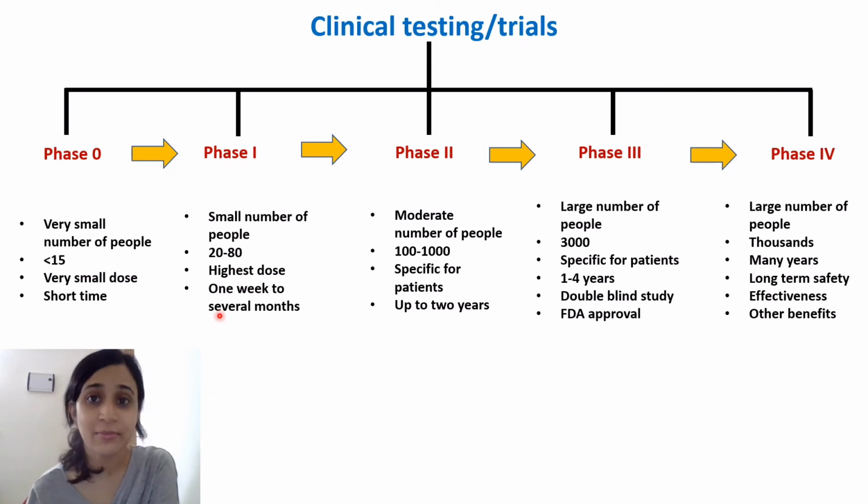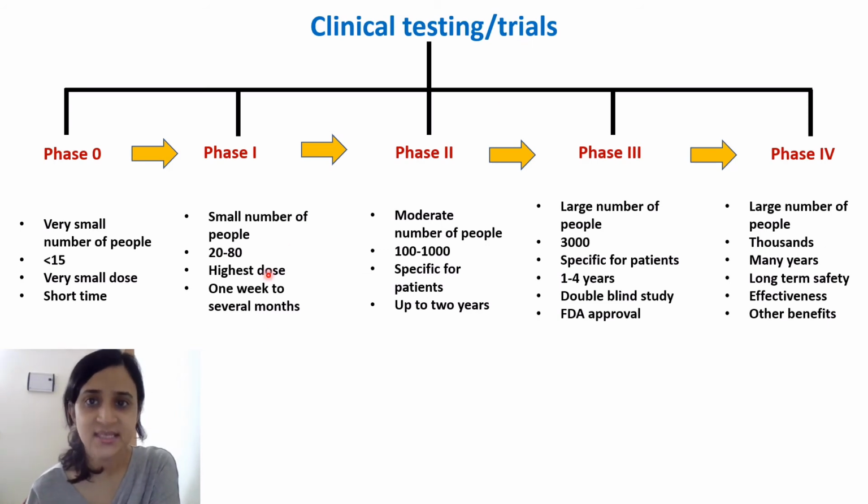These people will be very closely monitored to see how their bodies react to the medication during this phase. In this phase, we will also determine the best way to administer the vaccine, such as orally, intravenously, or topically. Here we will check whether these persons are experiencing any side effects or not.